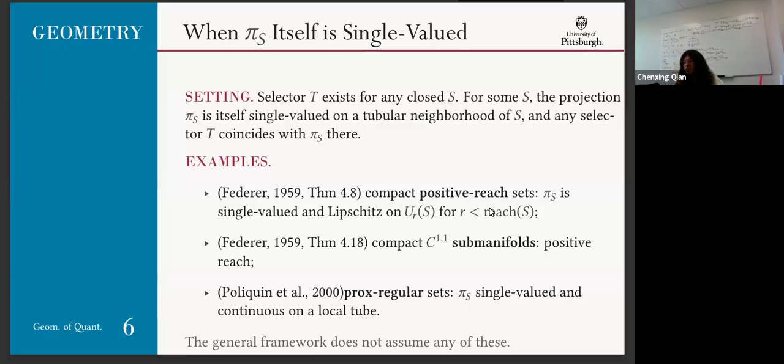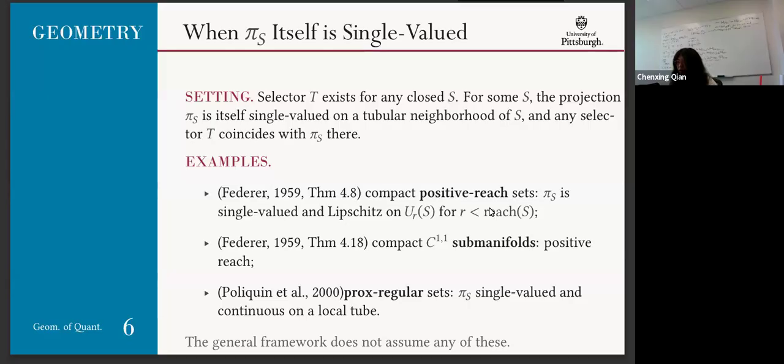To emphasize, in the general framework of the upper asymptotics and the lower asymptotics, we don't assume any of this specific condition. We only assume some set theoretic conditions and some ADR conditions in a similar way.